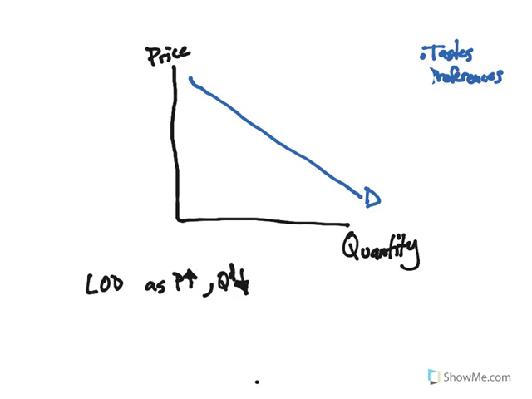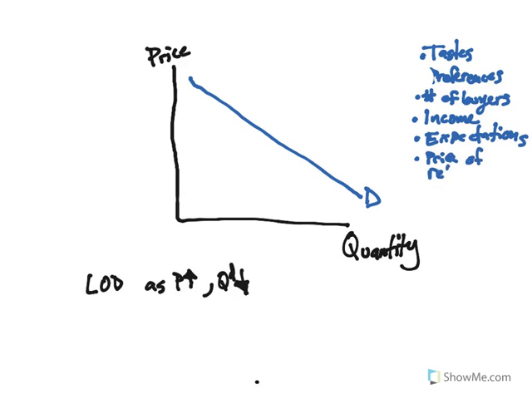Tastes, preferences, the number of buyers, the income of those buyers, expectations, and the prices of related goods, specifically the prices of complements to that good and substitutes.